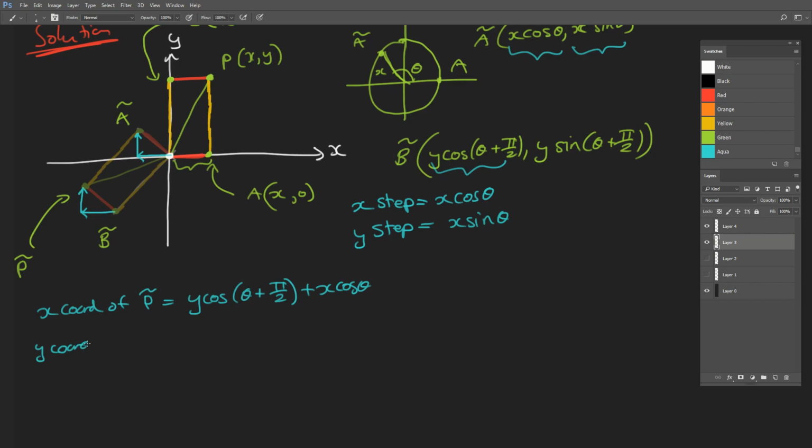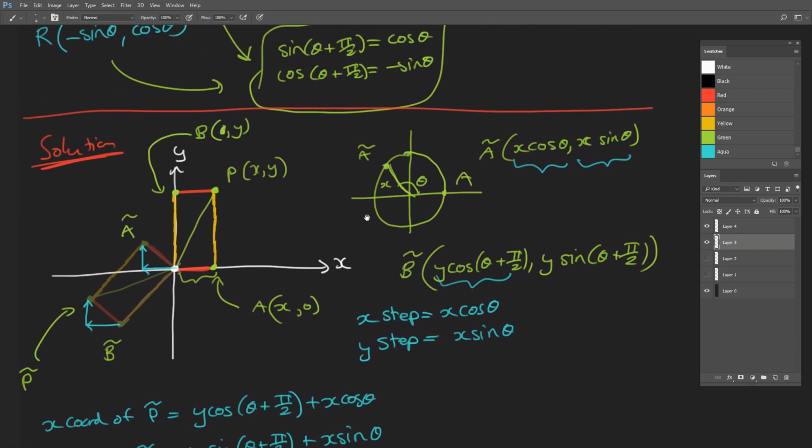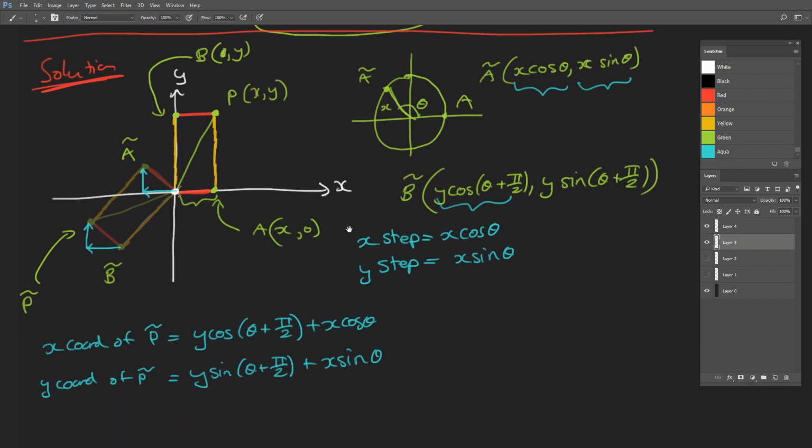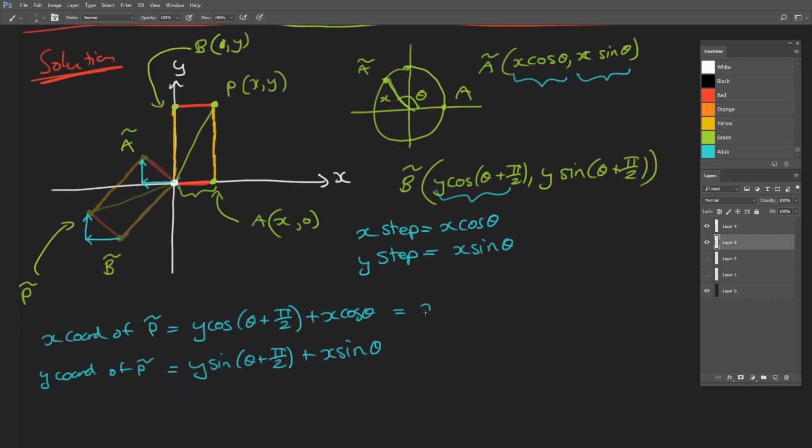And similarly, the y coordinate of P tilde is going to be the y coordinate of B tilde, which is y sine of theta plus pi on 2. And then we'll add on our y step, which is going to bring us up there, plus x sine theta. And now we can use our fact from over here that we proved earlier to simplify this. So that's going to be x cos theta minus y sine theta.